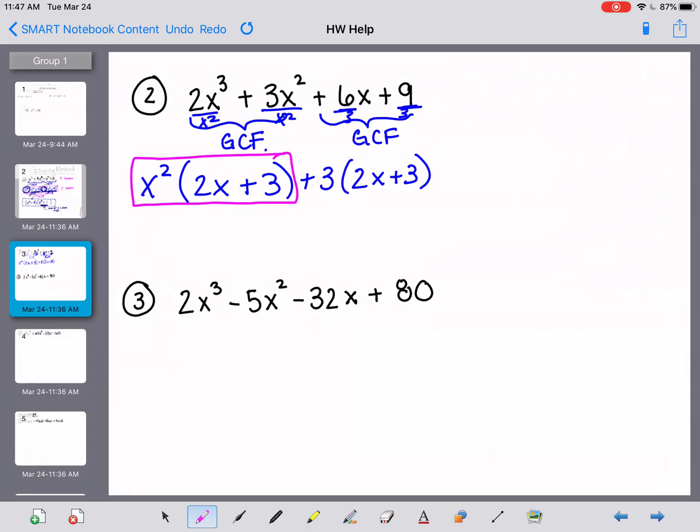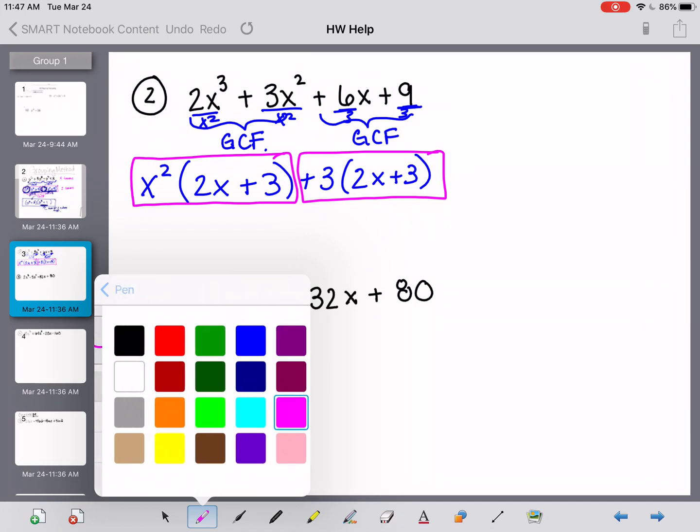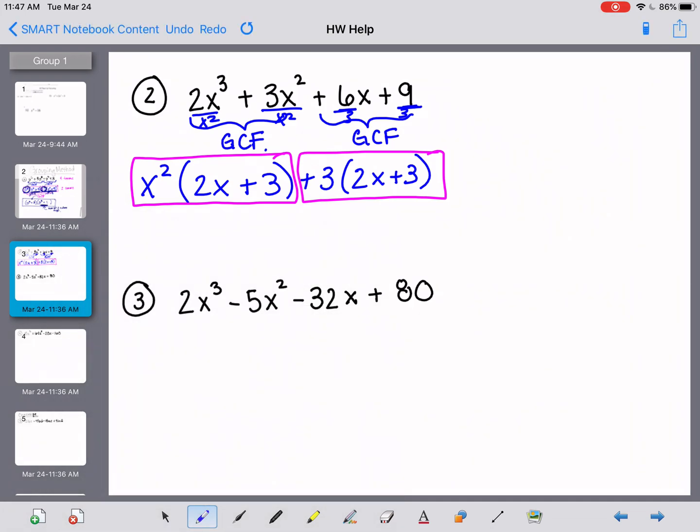So this is all a box. This is all a box. You don't need to draw these, but for some people, in their head, it really helps. What do these two boxes have in common? They both have a GCF of 2x plus 3.